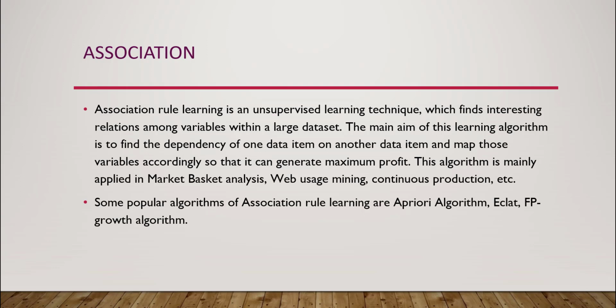The algorithm is mainly applied in market basket analysis, web usage mining, and continuous production. Some popular algorithms of association rule learning are the Apriori algorithm, Eclat, and FP-growth algorithms.